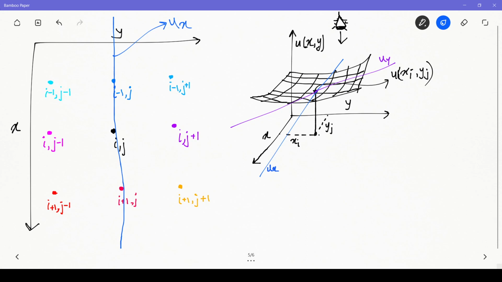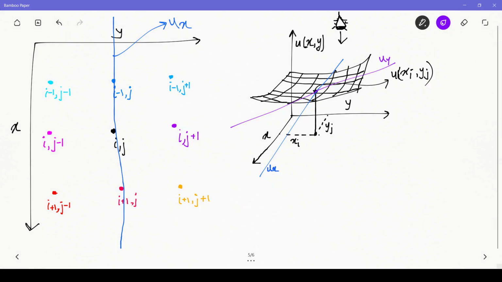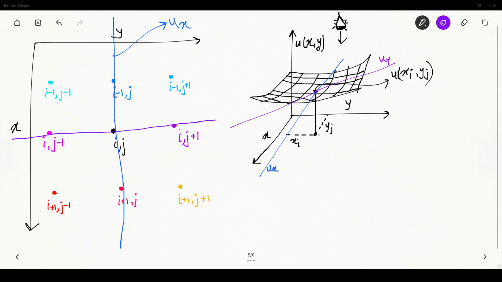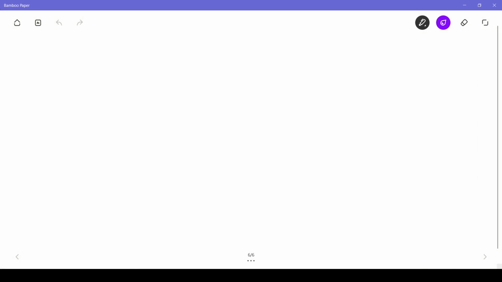And for approximating our uy, which I have drawn using this purple colored line over here, this line should pass through both of these 2 points, right? And we know that. Okay, so now that we know the basic things, let's see how we can derive the partial derivative of u with respect to x one time, then again with respect to y. Which means we're trying to find the second partial derivative with xy, right?